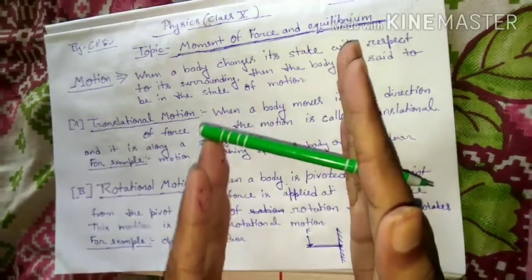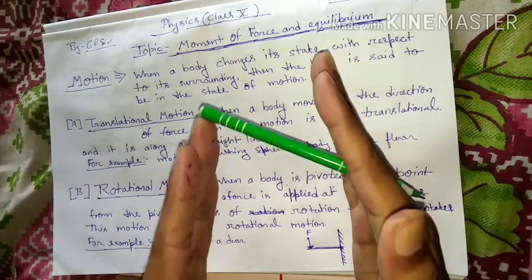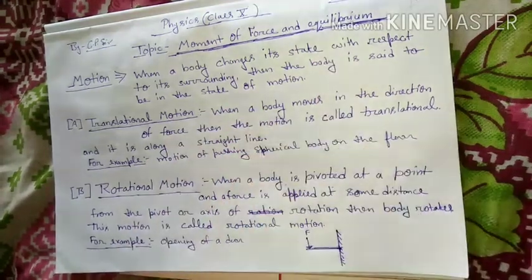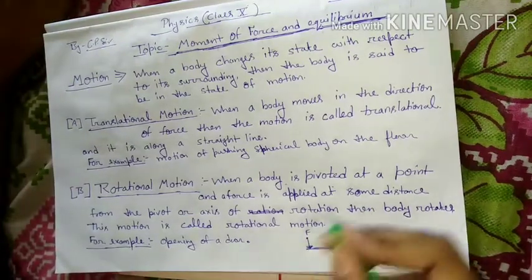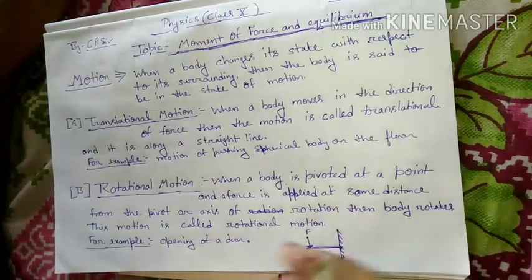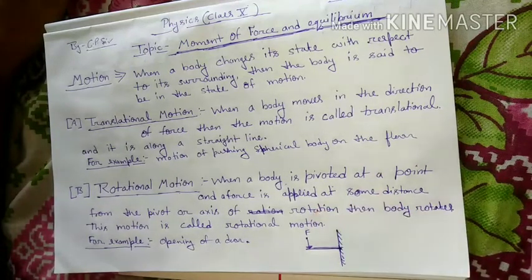Means the motion of the door acts like a rotational motion, and that motion is known as rotational motion. Other examples are a handle, turning a car by applying force, or steering.